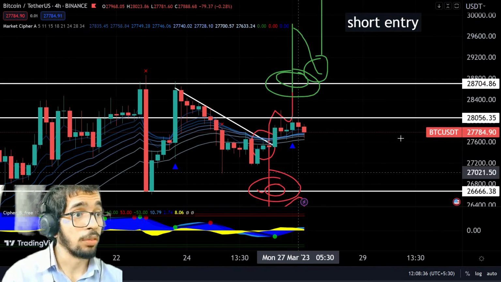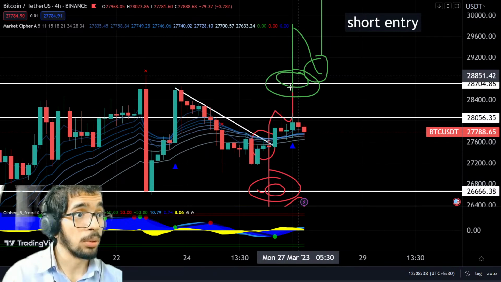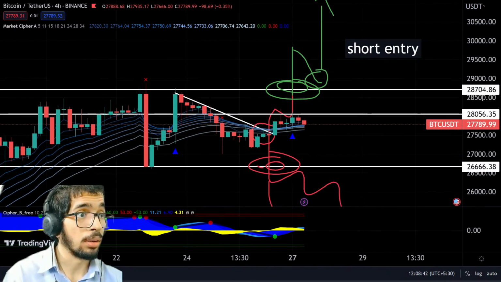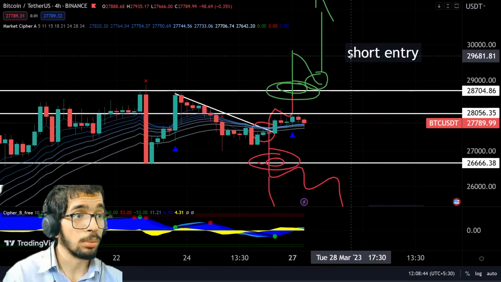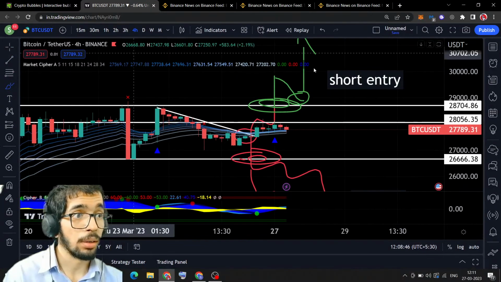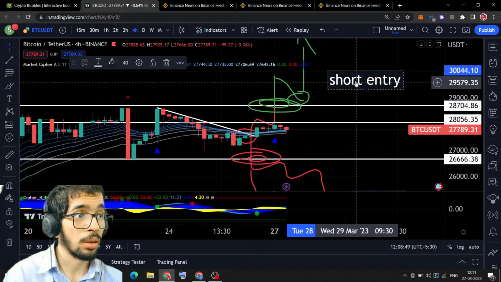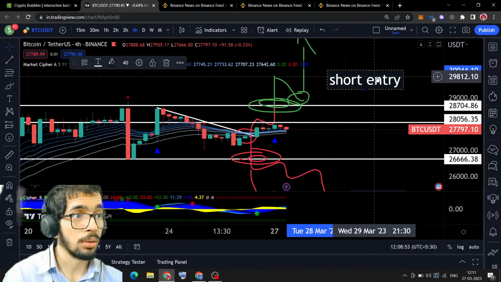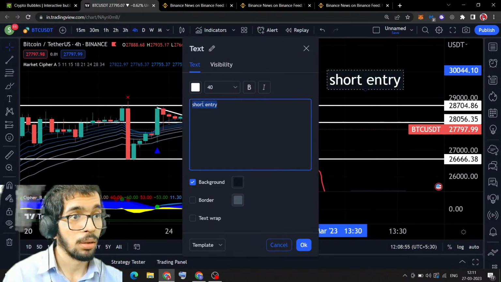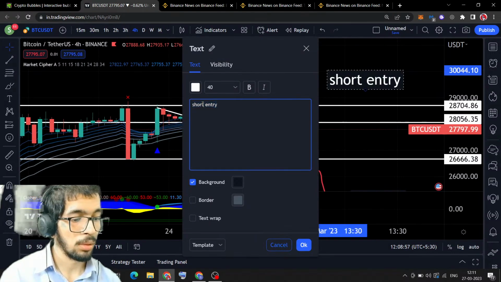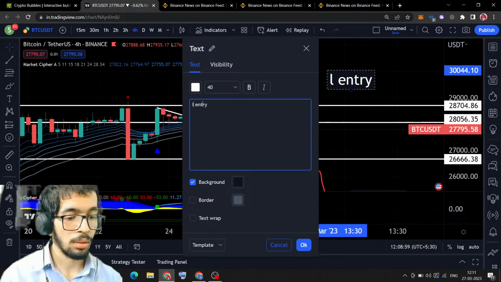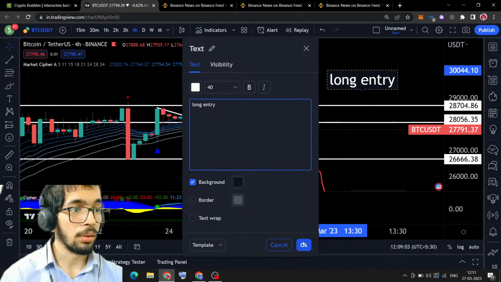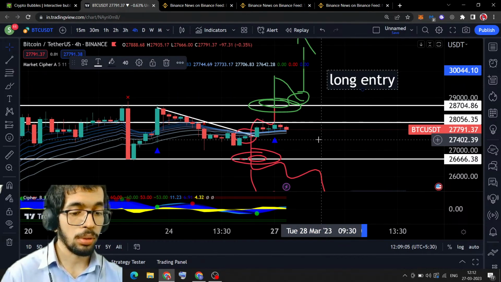Okay, so if it goes up here, breaks this, enters here, you can put your long entry. Let me put this properly. Your long entry, not short entry. Okay, mistake, I put a short over there already.